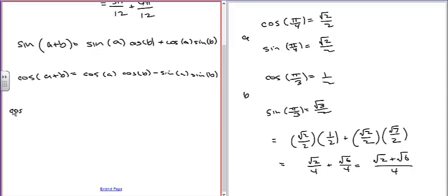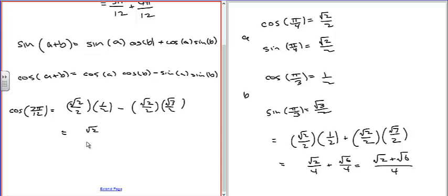So the cosine of 7 pi over 12, which is the sum of these two angles, is the cosine of A, which is the square root of 2 over 2, times the cosine of B, which is 1/2, minus the sine of A, which is the square root of 2 over 2, times the sine of B, which is the square root of 3 over 2.